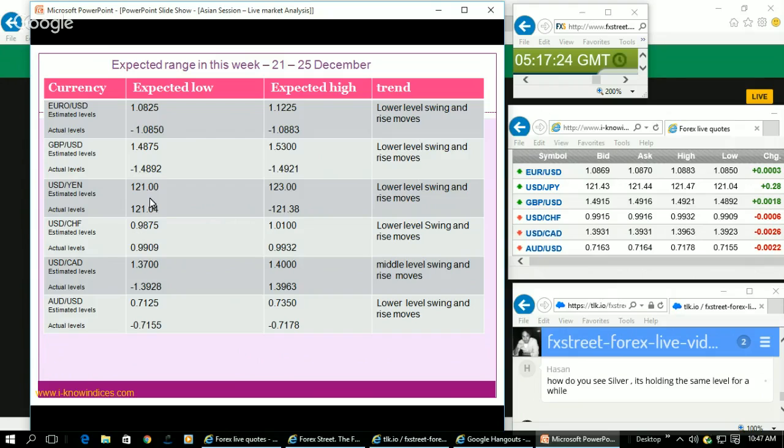In the case of yen, it will be a range bound move from 121 to 123, and USD CHF is expected to make less drop and more gain moves in the market, more of a sideways and slow gain, along with USD yen.